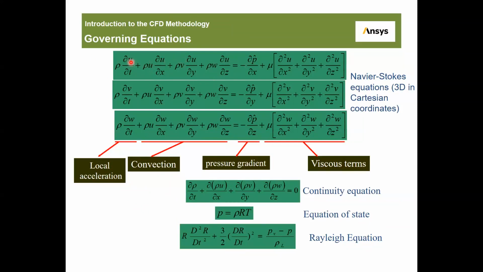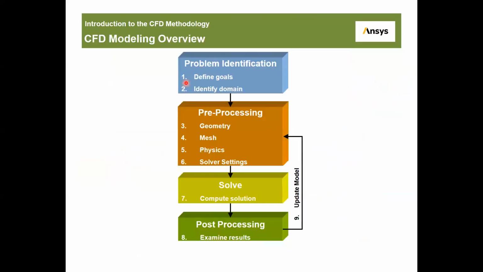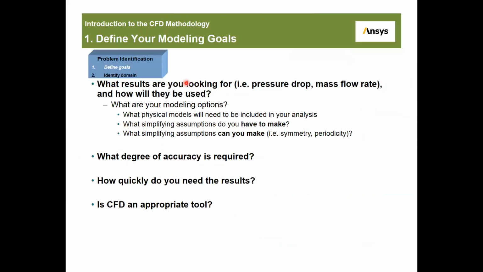Velocity ada 3, we have x direction, y direction and z direction, 3 lah, plus pressure 4. If you have temperature, then you need to add one more equation, which is energy equation, right? So pressure drop ni kita akan derive daripada pressure lah.